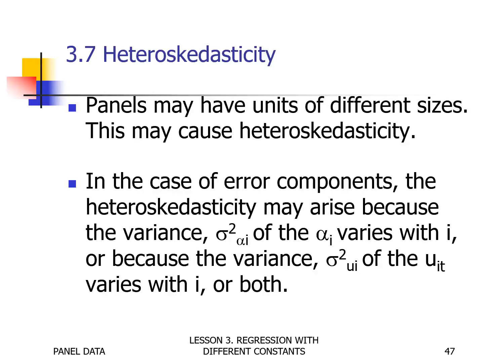Heteroskedasticity again is different precision of the model for different individuals, the individuals being cities, countries, firms, whatever. The typical reason for heteroskedasticity is different sizes.